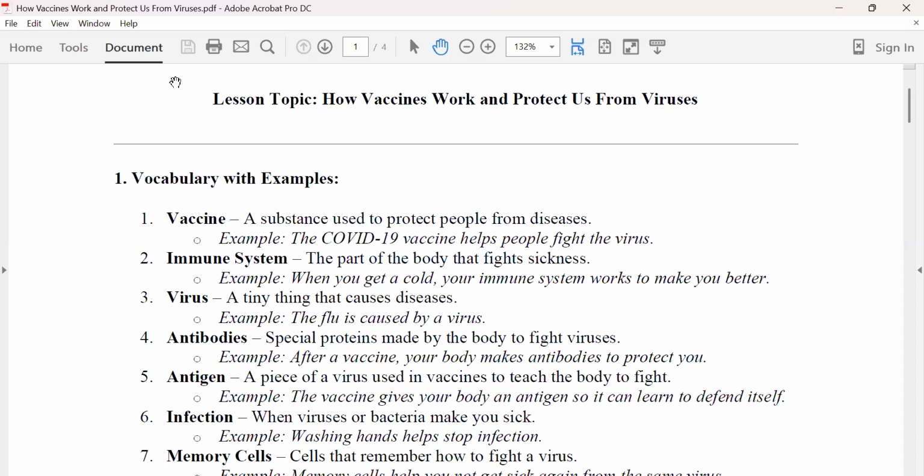And antigen is a piece of a virus used in vaccines to teach the body to fight. Example, the vaccine gives your body an antigen so it can learn to defend itself.